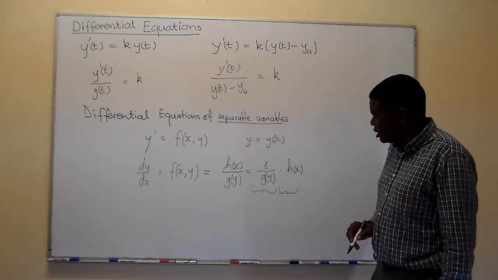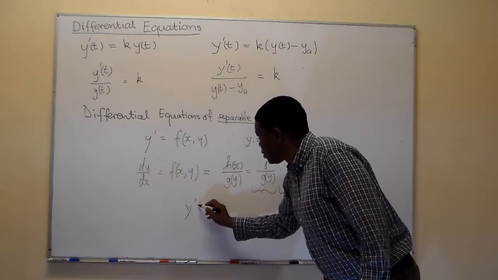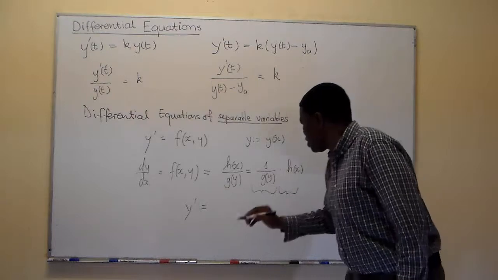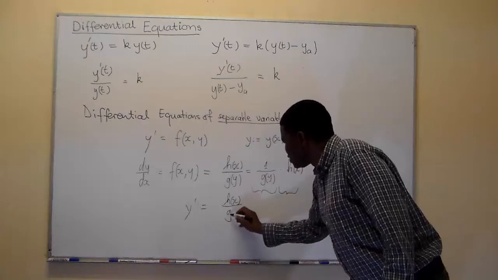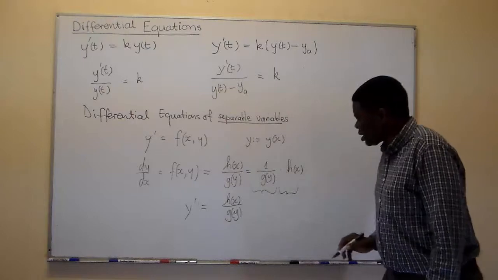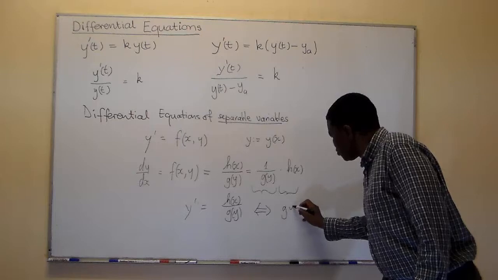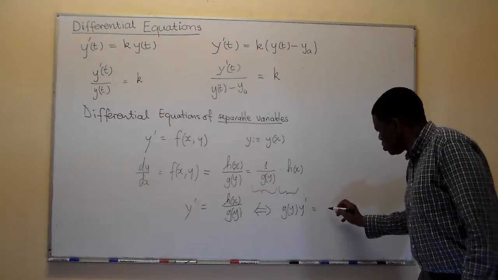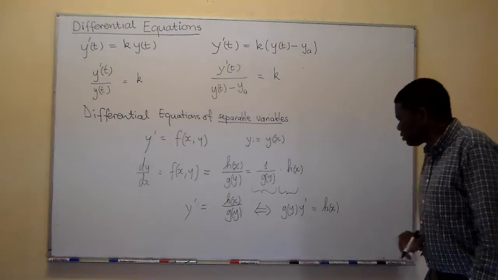At the end of the day, you can see that this equation would be y prime equals h of x over g of y, which can be equivalently written as g of y times y prime equals h of x.